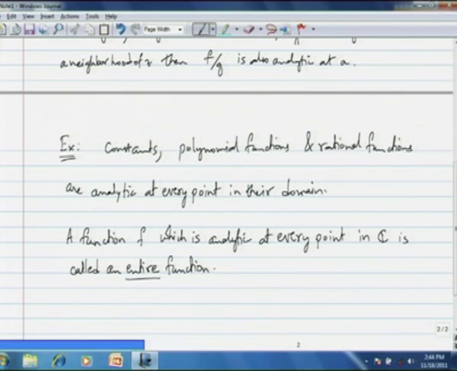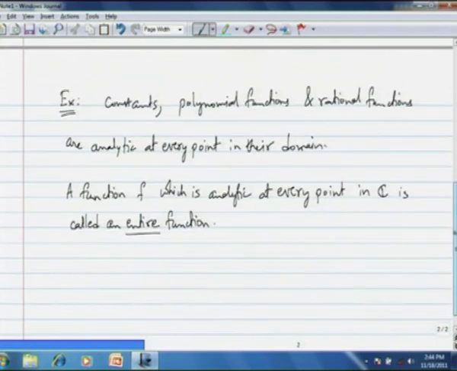So, an entire function is something which is analytic on all of C. In our example stated above, both the constants and the polynomials are entire functions.